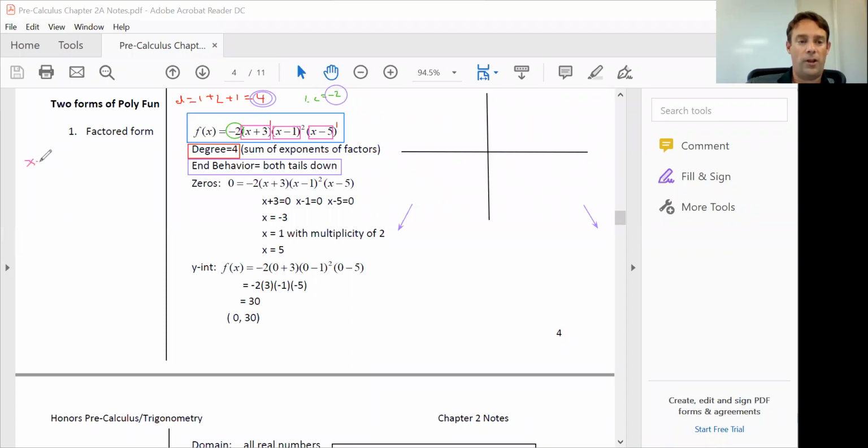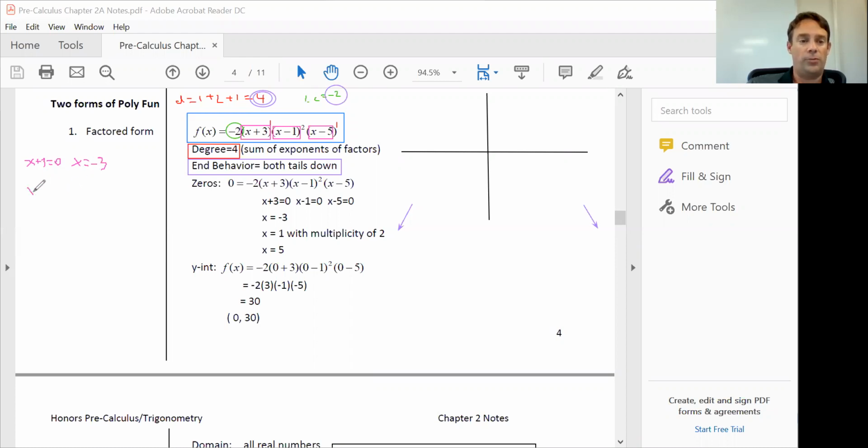X plus 3 is 0. That means x is negative 3. So that would be a root. It goes from a factor to a root. Factor to a 0. Root and 0, same thing.